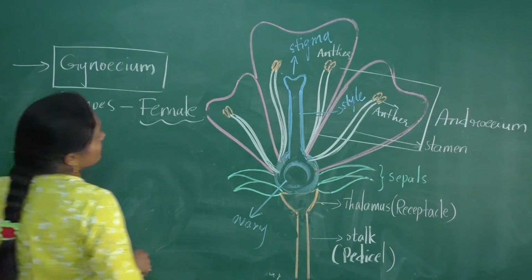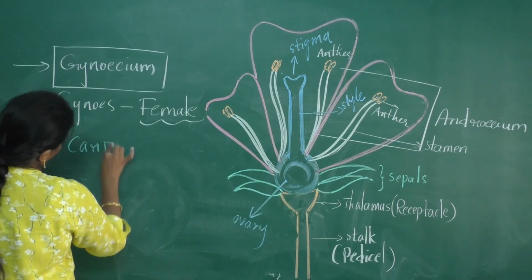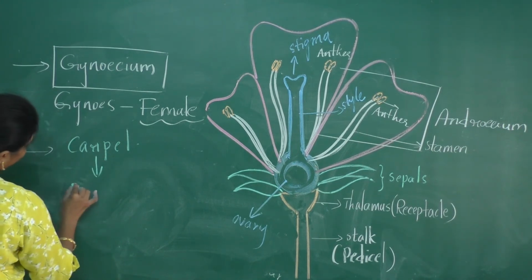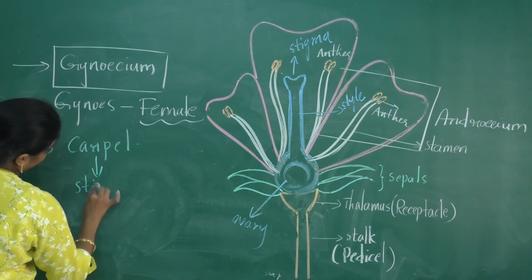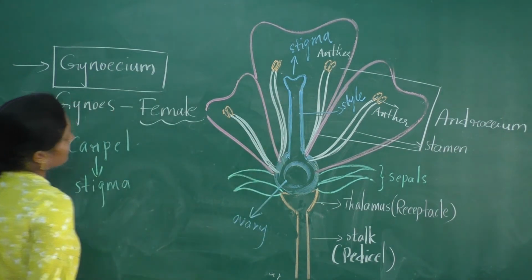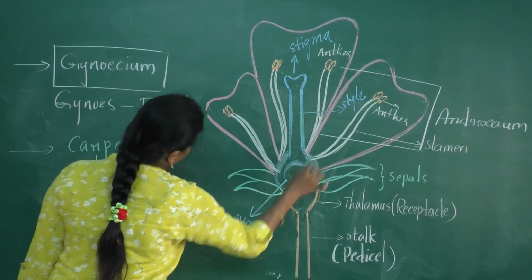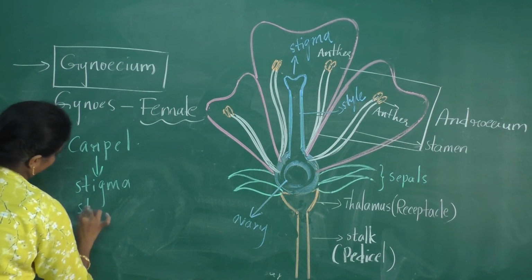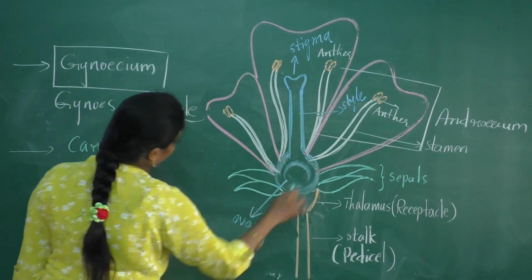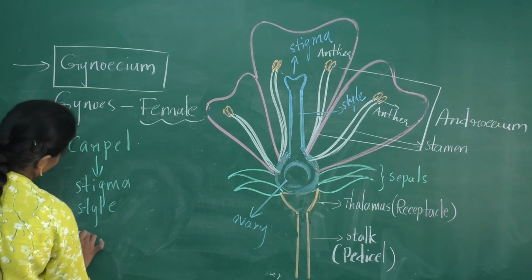So totally, the female reproductive unit is called carpel. The carpel consists of three parts. First part is stigma. You are seeing here this bulb-like structure is stigma. This slender stalk-like structure is called style. This style connects the stigma to the ovary. The round part is called ovary.